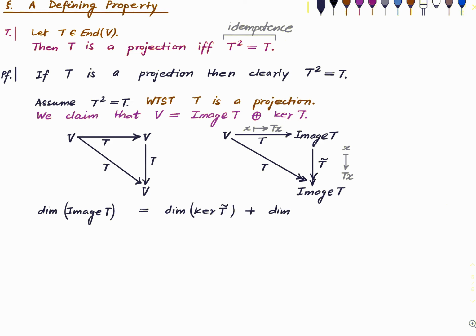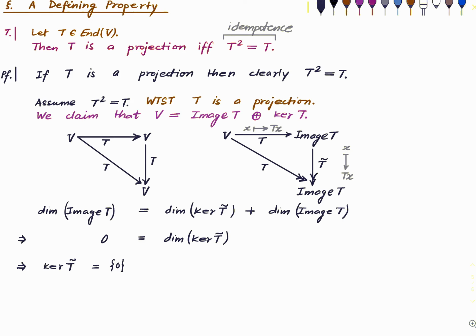But T tilde is surjective, so this is just the dimension of the image of T. And therefore, by cancelling out this term, we get that the kernel of T tilde is the trivial subspace.